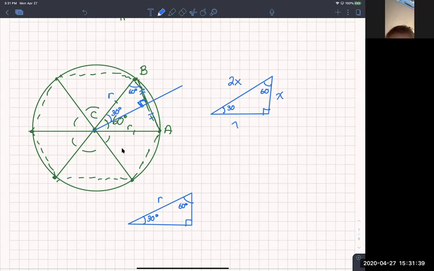And the side across from the 60 is x root 3. Ah, I see. I do remember that actually. Right. Well, if the longest side is R and it's double the smallest side, that means the smallest side is R over 2. Cool. Well, R over 2 is just the length of this piece. That means this piece is also R over 2.